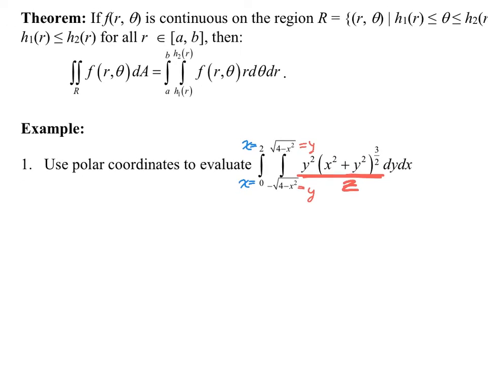So I'm just going to make a note. Y equals the square root of 4 minus x squared, and y equals negative the square root of 4 minus x squared. I'm just going to denote that with a plus or minus symbol.